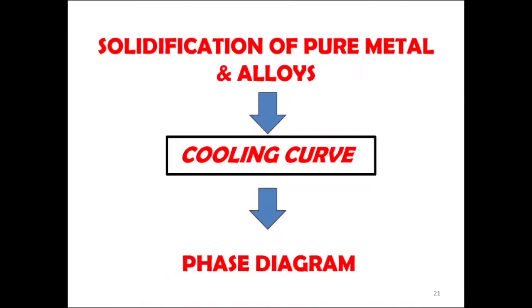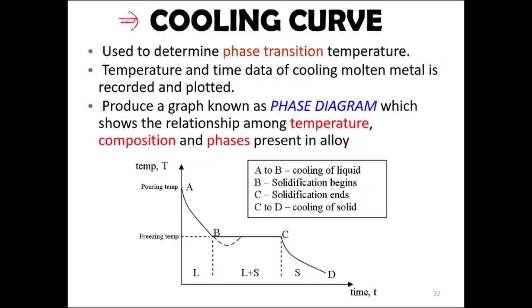Now we are going to move into the cooling curve. We will see the difference between the cooling curve of pure metal and the cooling curve of alloys. The cooling curve is used to determine phase transition temperature. What it means is we want to know at what temperature the liquid phase turns into liquid plus solid phase, where the solid starts to appear, and also at what temperature the liquid plus solid phase changes into the solid phase only.